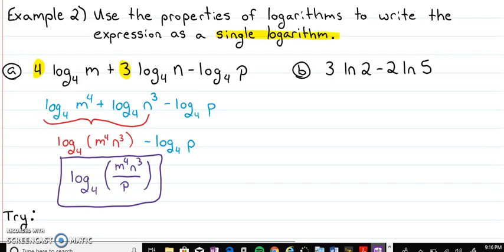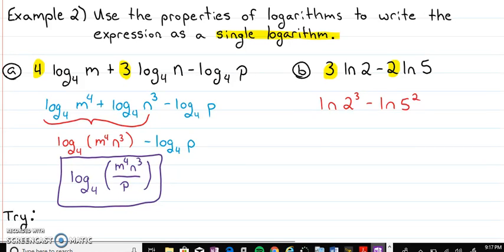Now for b, again, all our rules still apply using natural log as they do using log. So just like we did before, I want to go through for b and use my power rule. This is going to tell me that I'm going to have the natural log of 2 to the 3rd power minus the natural log of 5 squared.